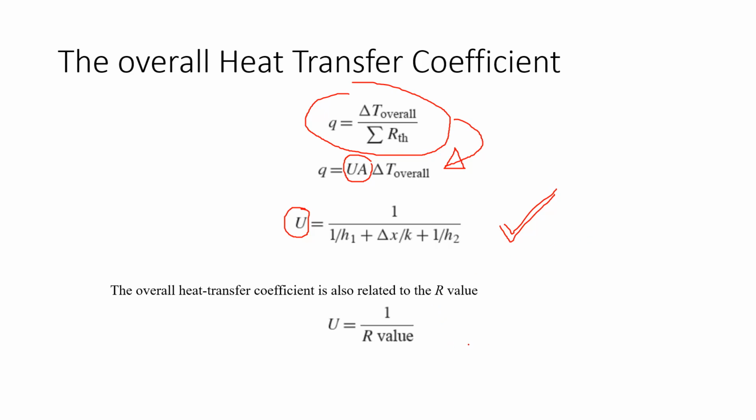Now remember, overall heat transfer coefficient is inverse of R value, और आपको ये भी पता होना चाहिए कि R value और R thermal में difference है. So overall heat transfer coefficient is this equation. वो बेसिकली हमें बता रही है कि इसमें हमारे पास convection heat transfer coefficient involve है, वॉल की thickness और thermal conductivity involve है, और convection heat transfer coefficient fluid B की भी involve है.